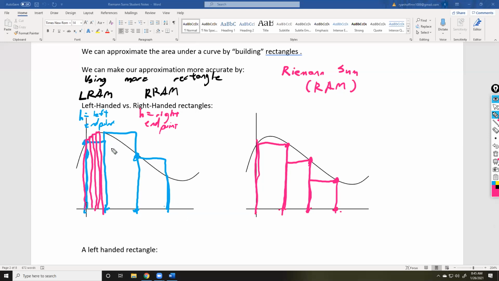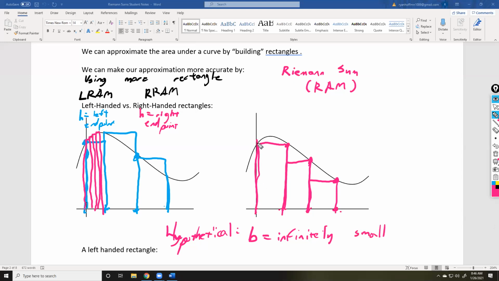So the hypothetical way to do this, my trick to this would be if I had the base, because that's the length that I'm changing here, my width of the base would be infinitely small, right?